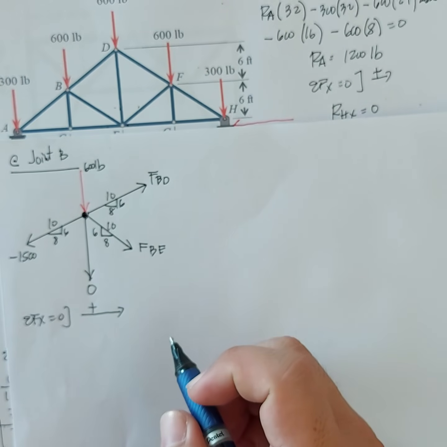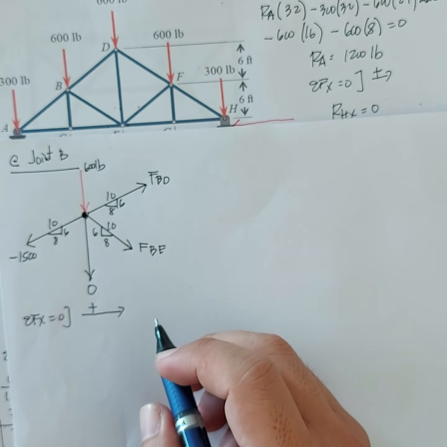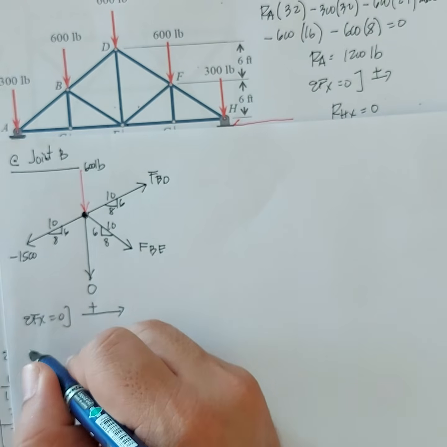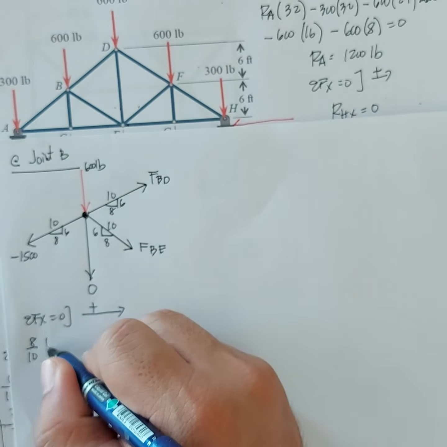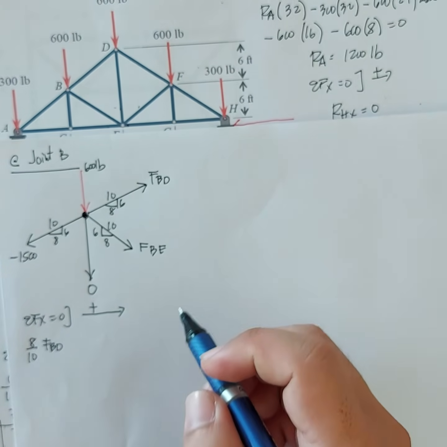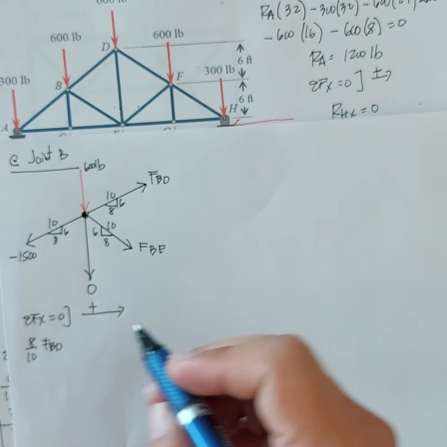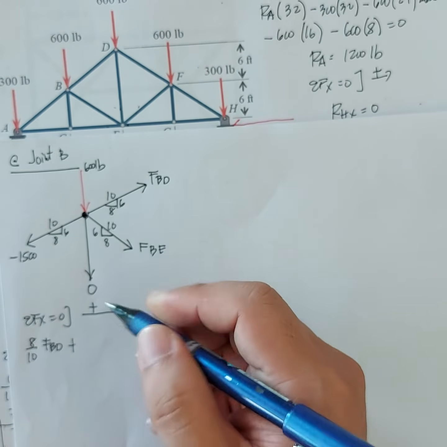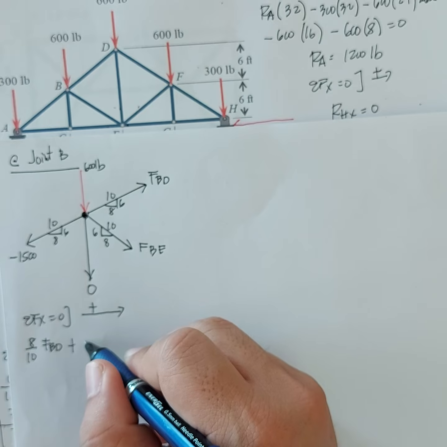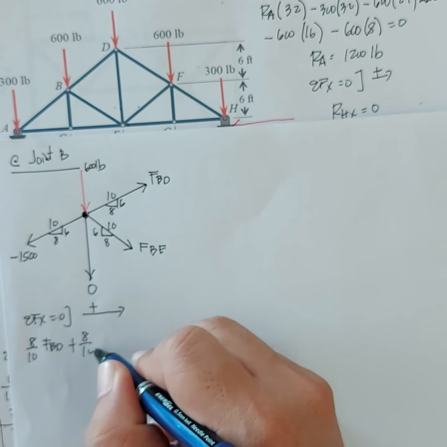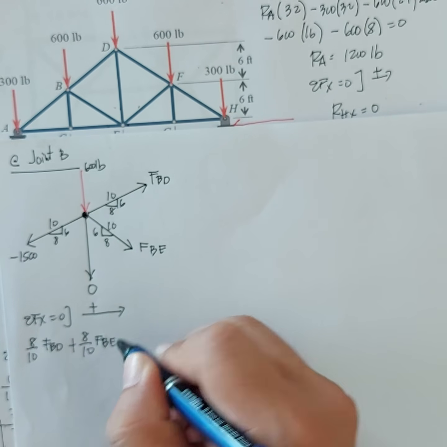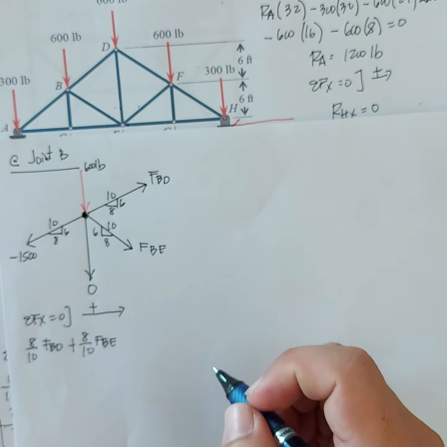So, that is 8 over 10 FBD. Plus horizontal component of FBE. So, that is 8 over 10 ulit, FBE.